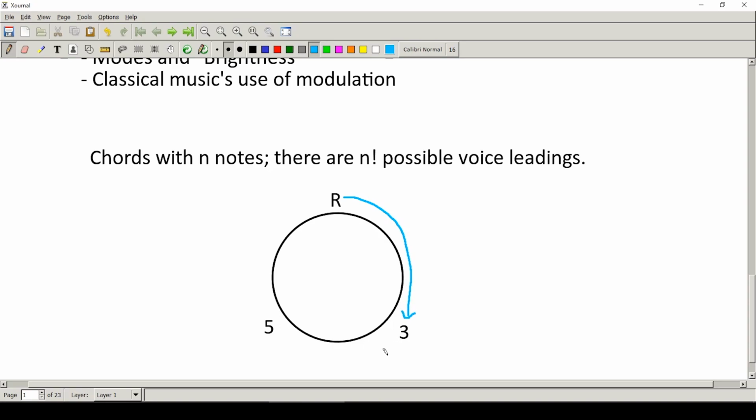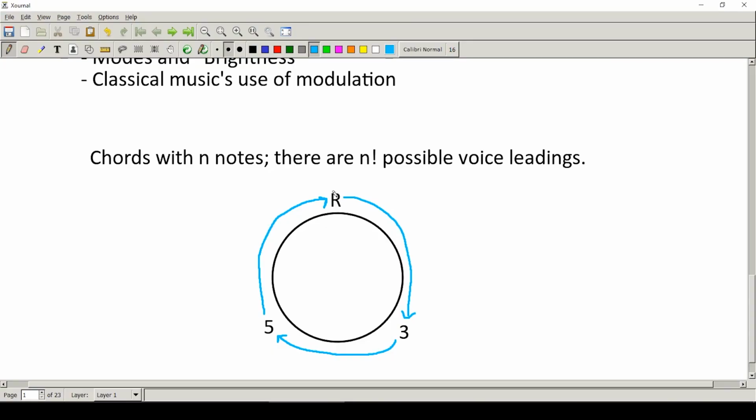But then it turns out that if you're going to do that, the smallest voice leading is going to send the third of the chord to the fifth of the second chord, and the fifth of the first chord to the root of the third chord. So once I make a decision about how to connect two of the notes, the rest of the notes just have to follow in order. So this is a possibility.